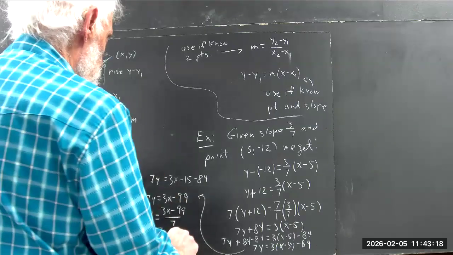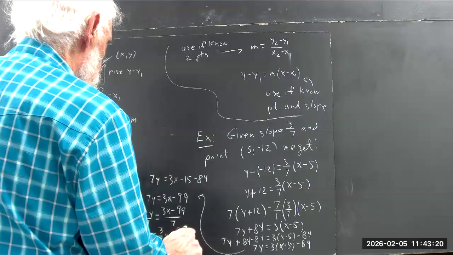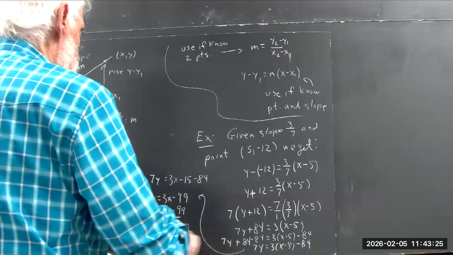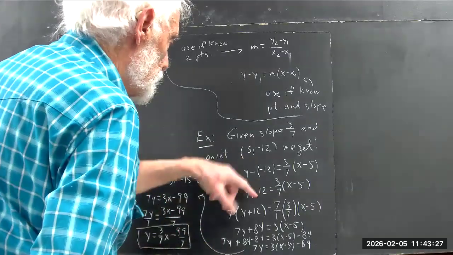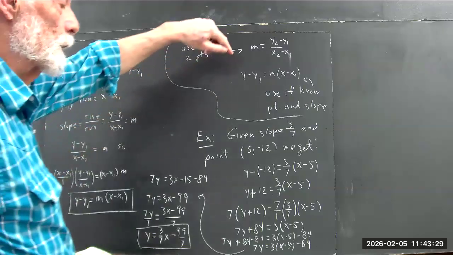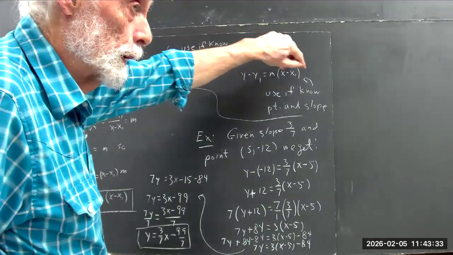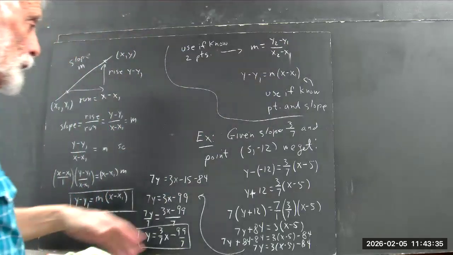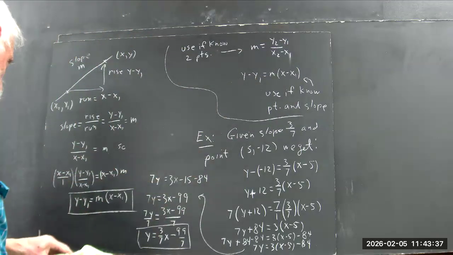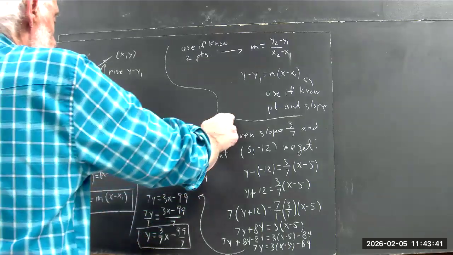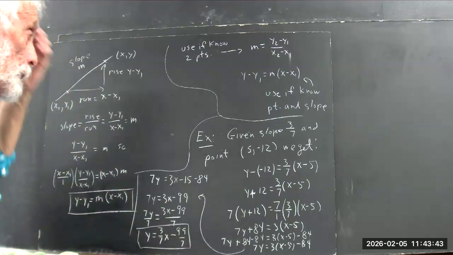And 7 divides the minus 99, we get minus 99 over 7. So that's what we get if we use what's called the point slope form: y minus y1 equals m times the quantity x minus x1. And sorry if that solution had to wrap around the board just a little bit, but there it is.